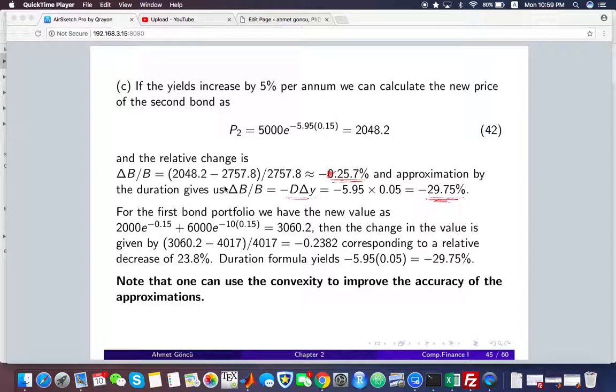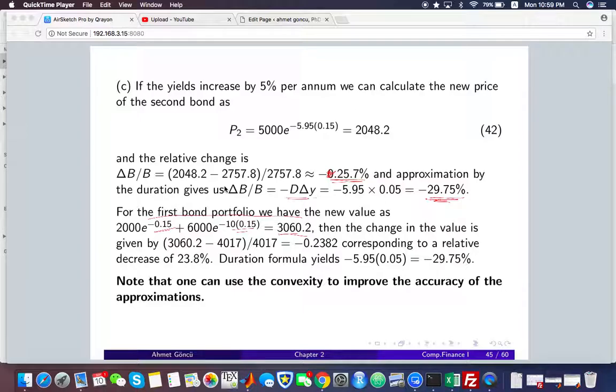You can also do a similar calculation for the first bond portfolio by increasing these yields and recalculating the value of this bond portfolio, and it turns out the updated value should be 3060.2.